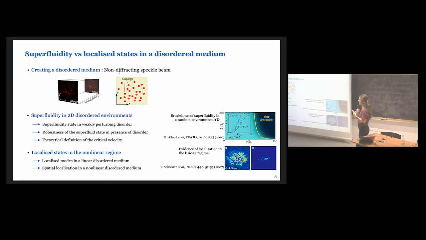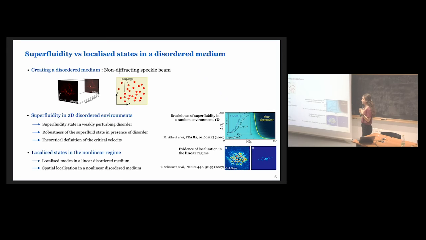For the same reason as before, because of the equivalence, we wanted to create this non-diffracting disorder. We can take full advantage of the capacity of our crystal since we already know how to inscribe one obstacle. And from that, we have many questions that we can ask ourselves.